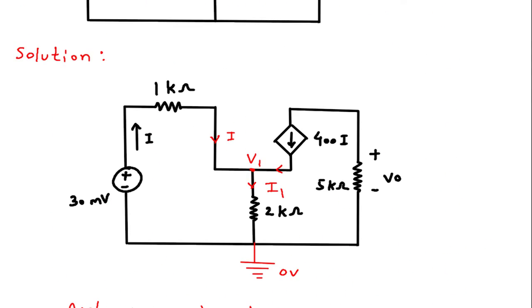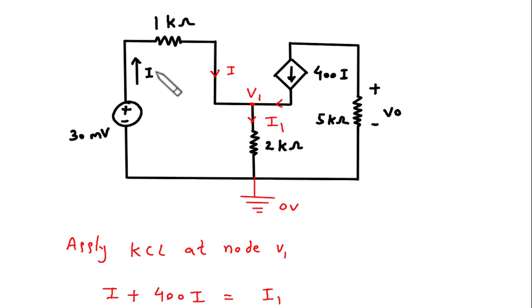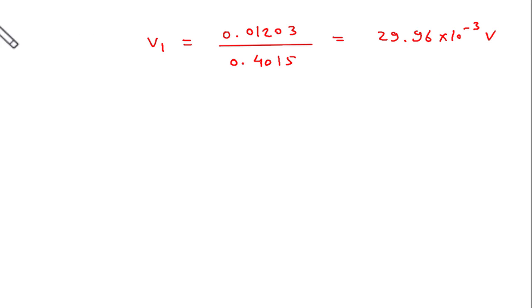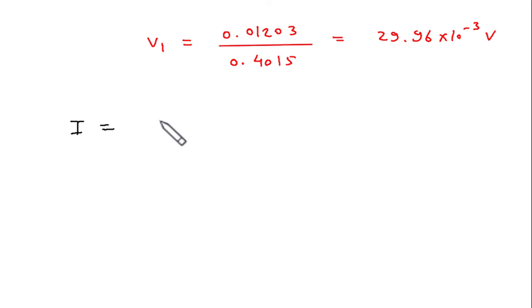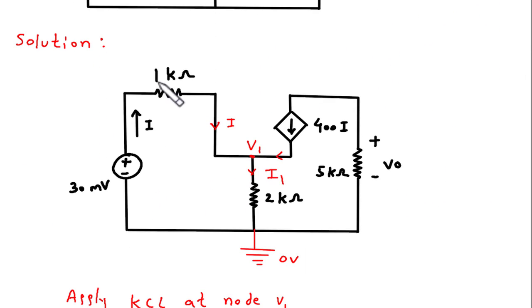Now we have to find this I, because VO is equal to 5000 into 400 I. So I is equal to (30 millivolt minus V1) by 1000.